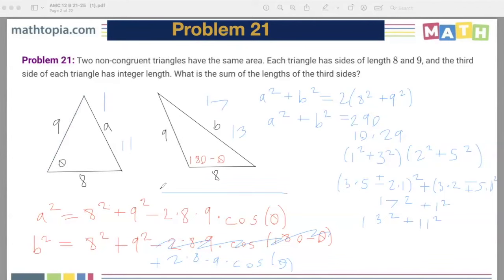So if you have a flat line here and we have 1, 8, 9, and these are the three vertices, this is not considered a triangle. So therefore 1 and 17 is an invalid solution. Also 17 is 9 plus 8. That's another way to look at it. So this is a completely invalid solution. So the only valid solution is 11 and 13. And that will give us the correct answer of 24.